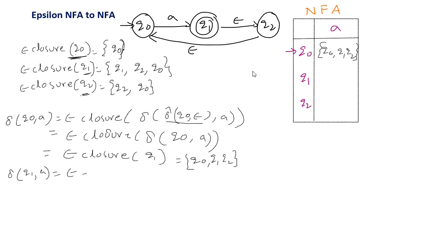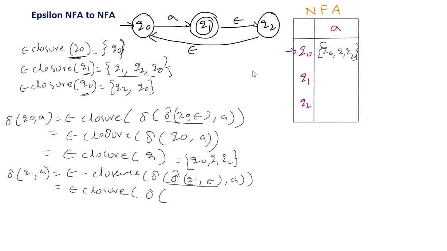Now we need to calculate delta of Q1 on A. That is epsilon closure of delta cap of Q1 on epsilon, on A. We can rewrite it as epsilon closure of delta cap of Q1 on epsilon, which is nothing but epsilon closure of Q1.